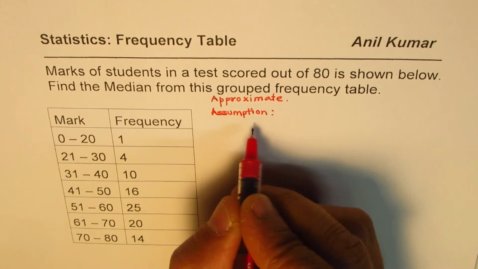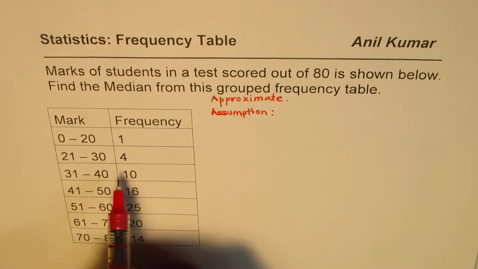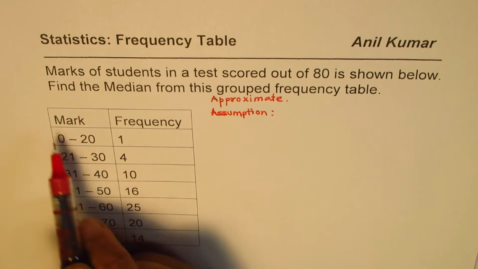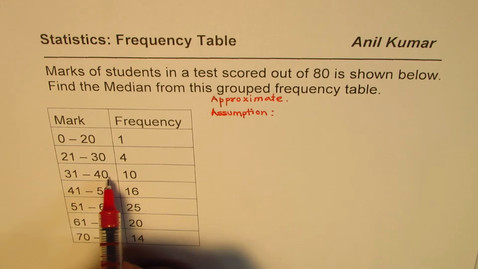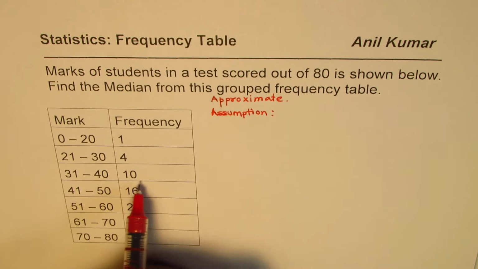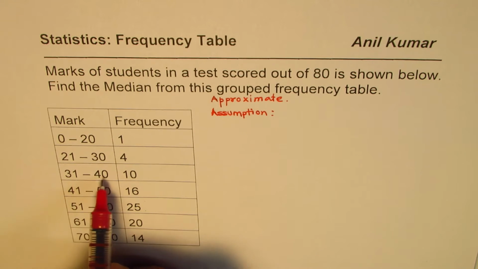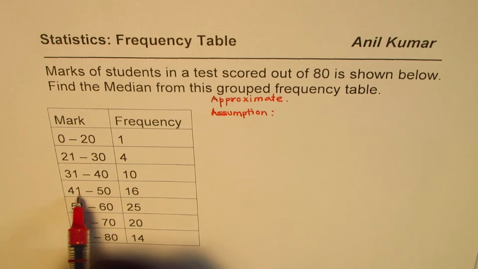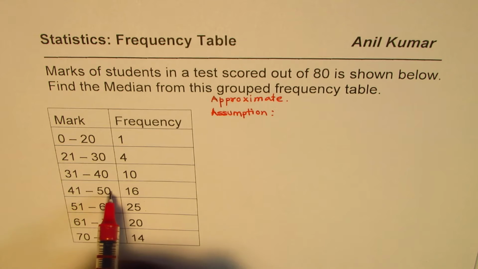The assumption is that when we say that frequency is 10 and marks is 31 to 40, we are assuming that this number 10 is uniformly distributed in that interval. 16 within interval 41 to 50, our assumption is that all this 16 is uniformly distributed within this interval.